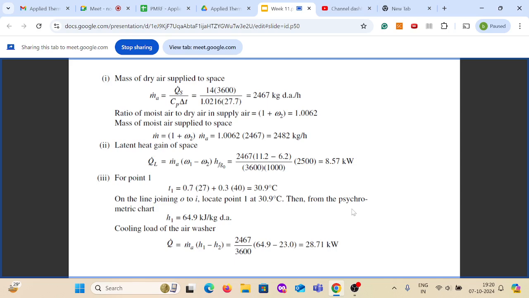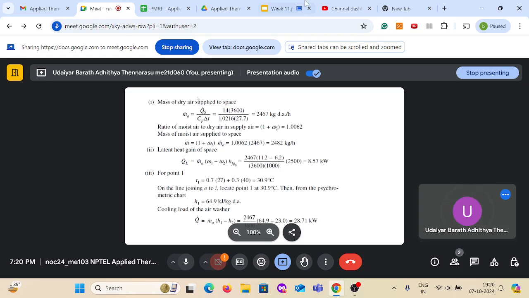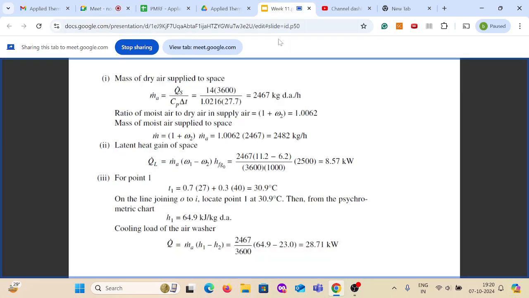So with this we have finished psychrometrics, and I finished what I prepared for today. Next class we look at the compressors, refrigerant compressors, and some problems regarding that.